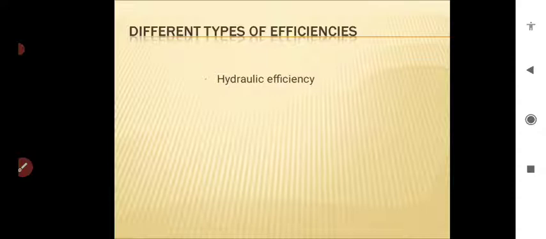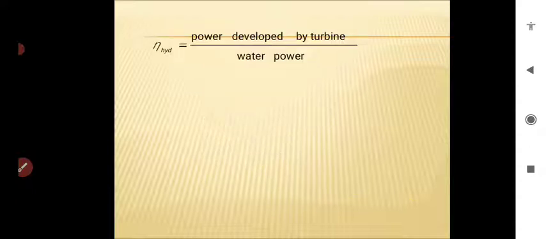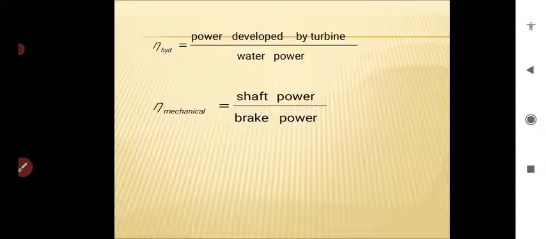Here, different types of efficiencies are there. The first one is the hydraulic efficiency, the second is the mechanical efficiency, and the third is the overall efficiency. Hydraulic efficiency is defined as the ratio of power developed by the turbine to the water power. Mechanical efficiency is defined as the ratio of shaft power to the brake power.